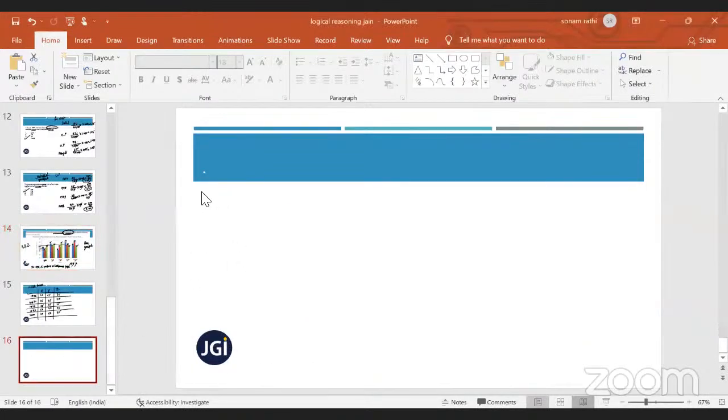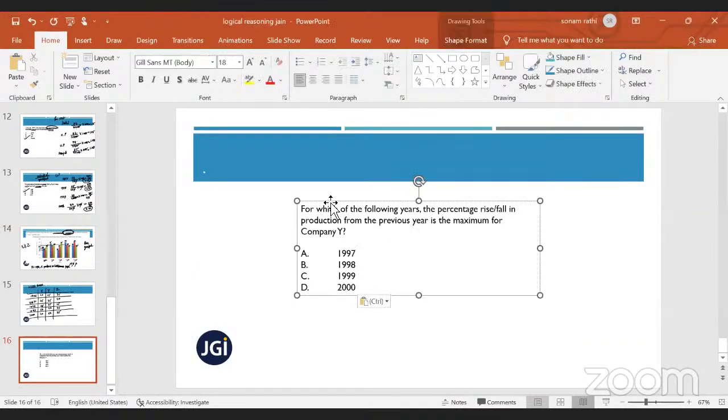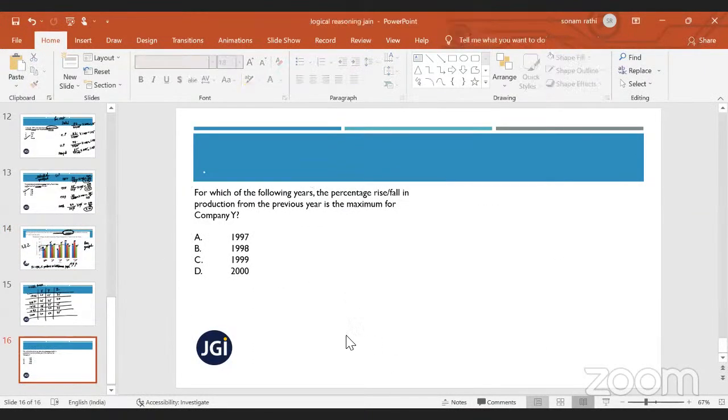Question number 1. Read the question carefully, then decide what you want to do with the data, and then we will solve it.